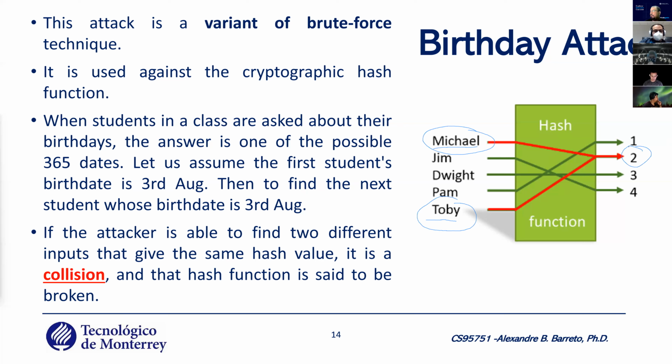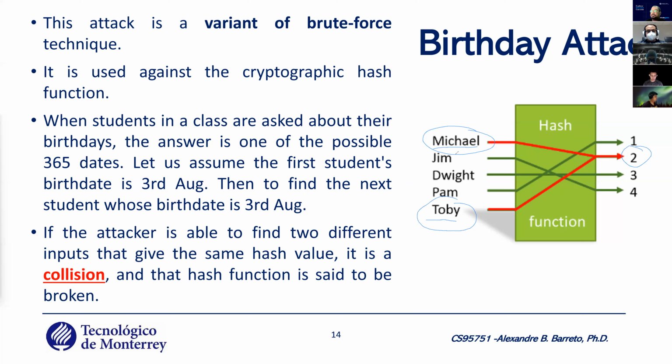What does it mean? In Linux, when you read the secret file, in the line of Michael the password hash is, for example, 2. In the line that has the secret password of Toby, you also have the number 2. It's a problem, because it increases the probability of finding the key using brute force.